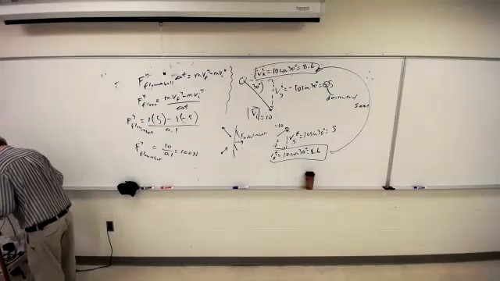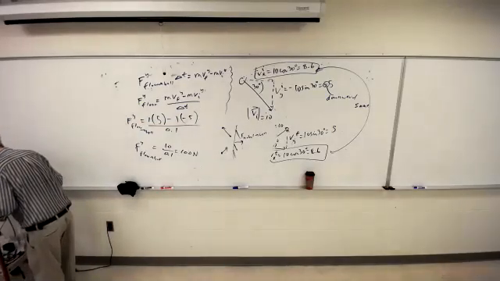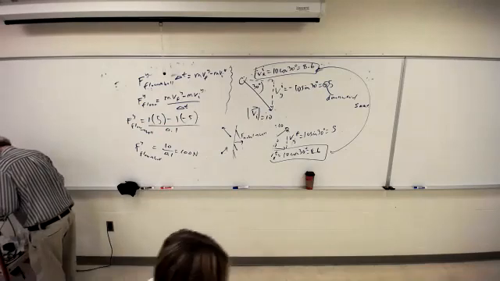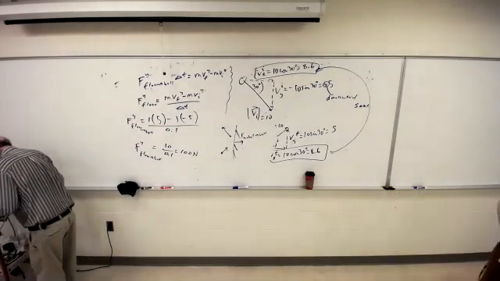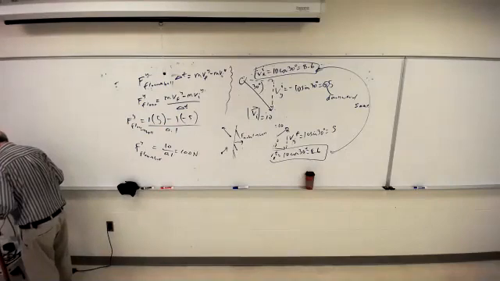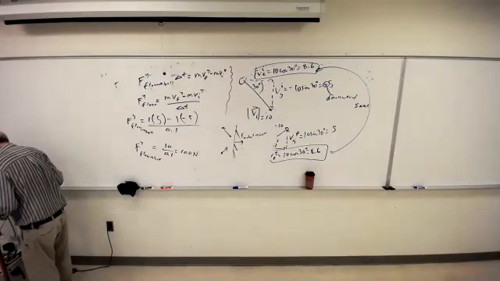Professor, yes, Silva? I have a question. It's weird, why sometimes you use mgh for U final, but sometimes you use one half m v squared for U initial? Oh, it depends on what you have. So if you have a spring, you have to have 1/2 k x squared, where k is your spring constant, and it actually tells how much the spring is compressed.